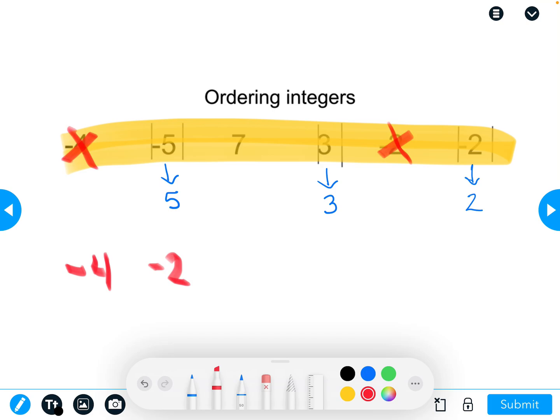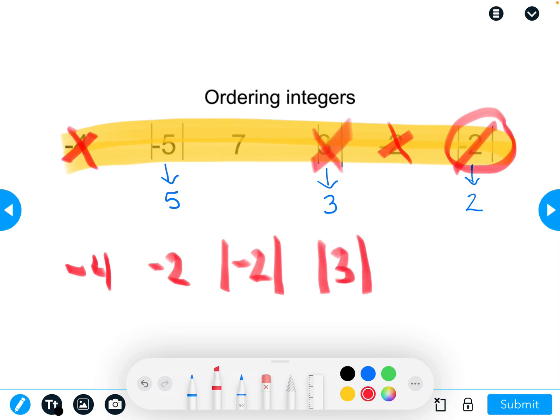Moving up the number line to the right, we would have a +2, but we're going to use the original value, so the absolute value of -2. That one's done. Continuing, we have 3, or the absolute value of 3. Continuing, we have 5, the absolute value of a -5, or ordering the originals. And then our largest number would be 7.